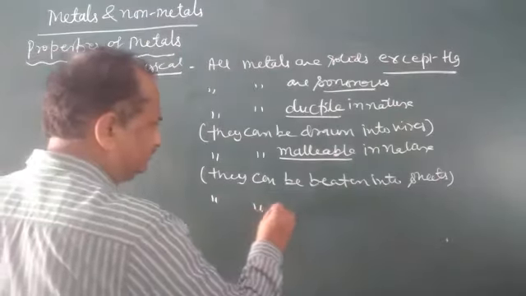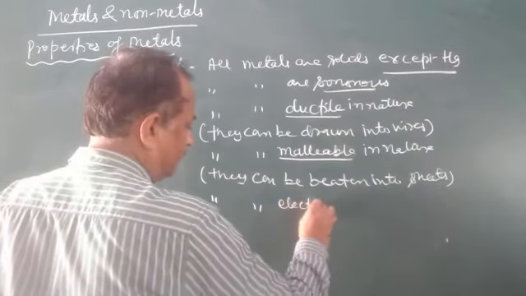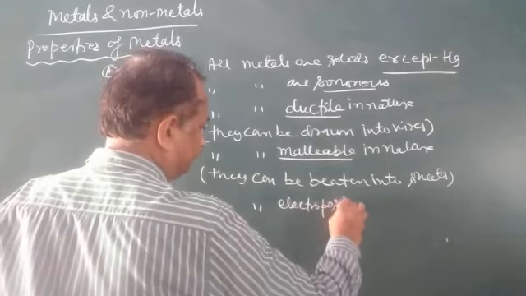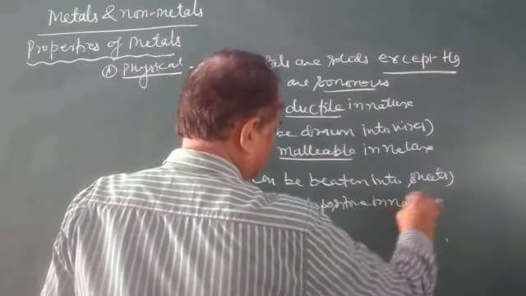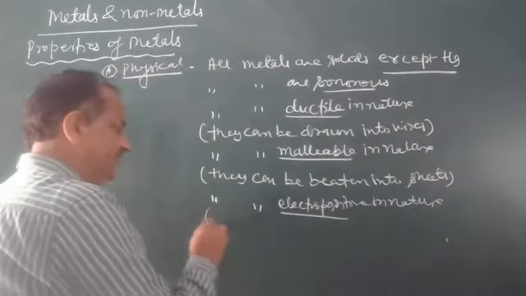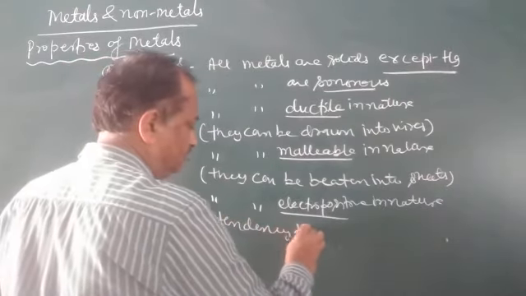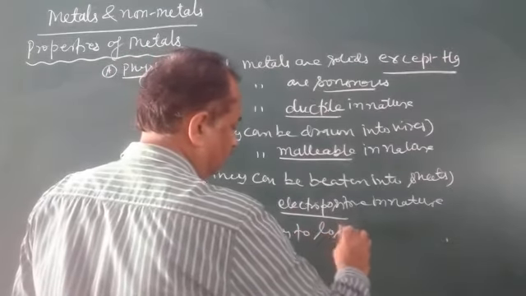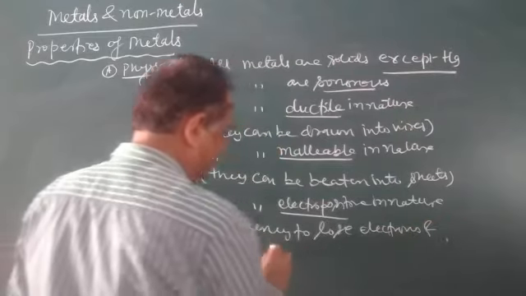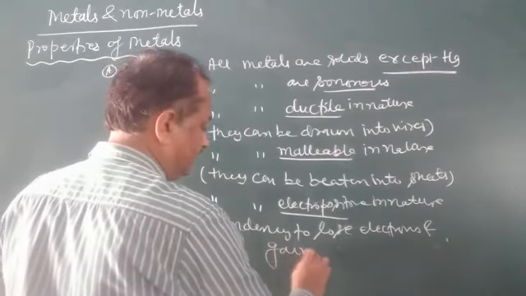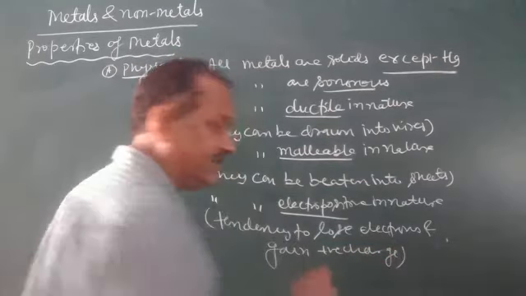Now, metals are electropositive in nature. Electropositive means they have a tendency to lose electrons and gain positive charge.